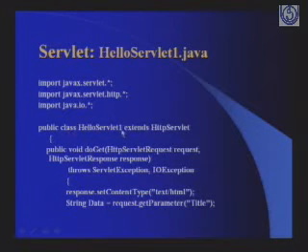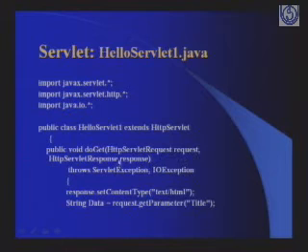So here I am writing a class HelloServlet1. This extends HttpServlet. So it is clear that we are going to use the HTTP protocol for our servlet, and in this we are implementing the doGet method here. In this doGet method we are passing HttpServletRequest and HttpServletResponse.